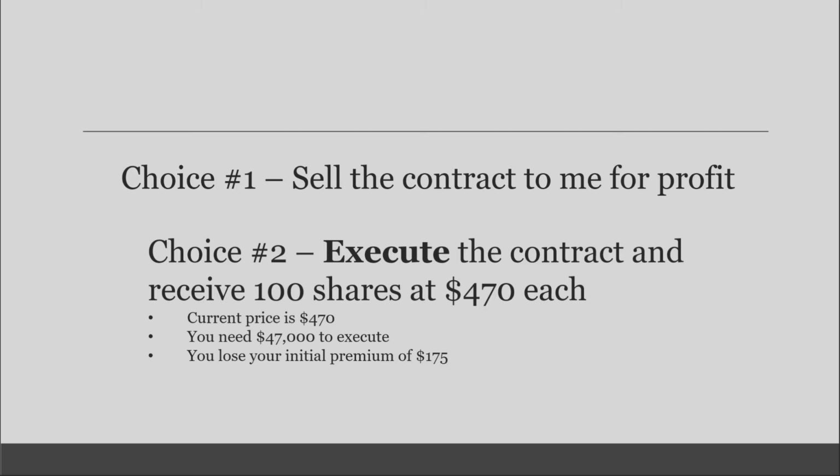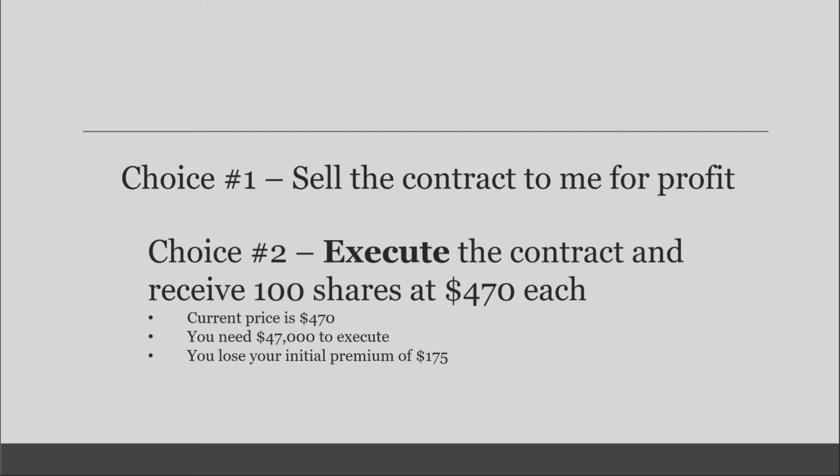At this point in time, if you did execute, you would be down $175 plus the additional fees to buy the commons. So your only option in this case would be to sell the contract to me for profit.